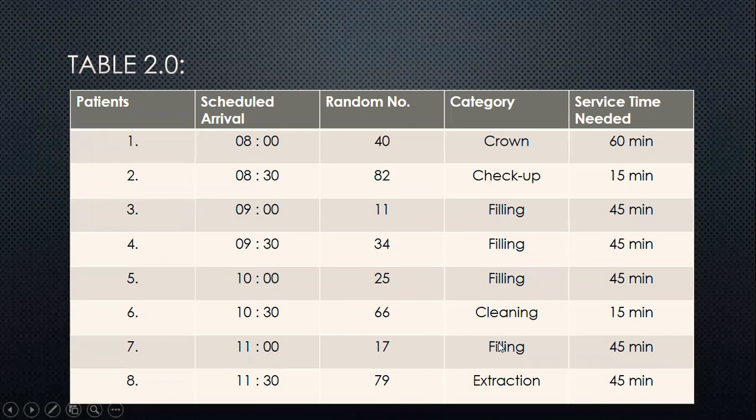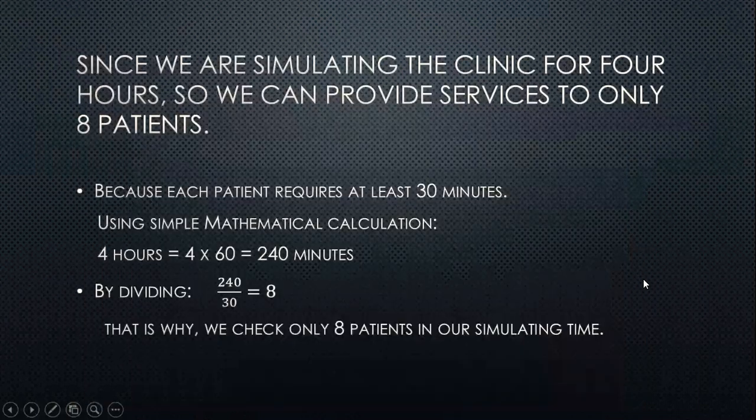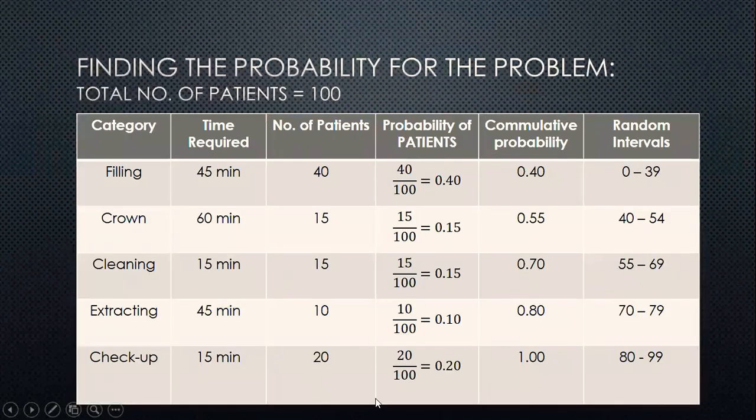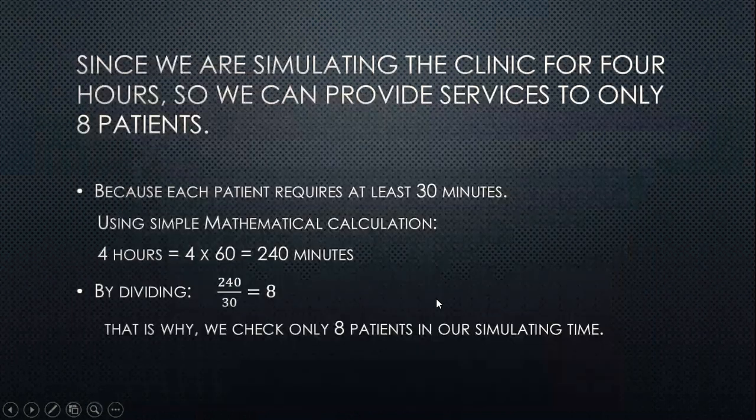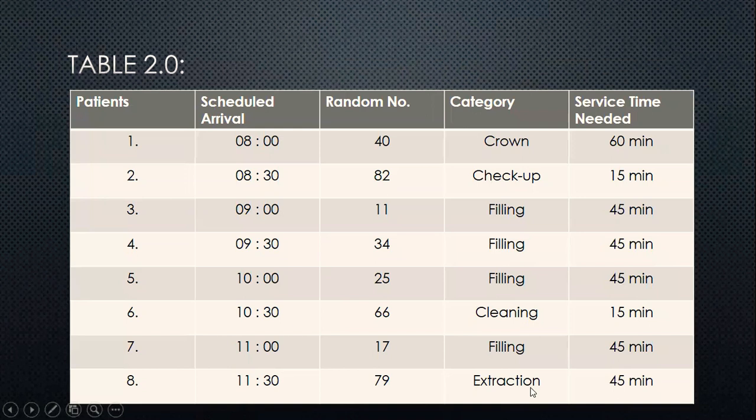So this is also filling, and at the end, the last patient who arrives at 11:30, his random number is 79. So we will check 79 again. 79 is in between the extracting range. So we will use extracting here. By checking all these categories, we will start our service needed time.